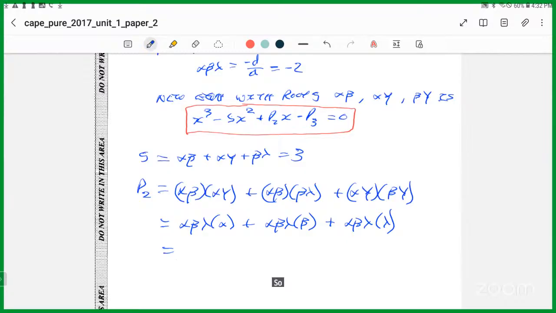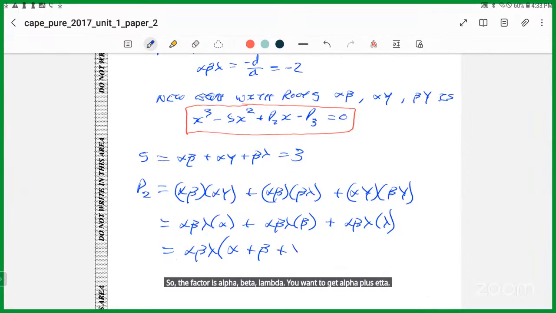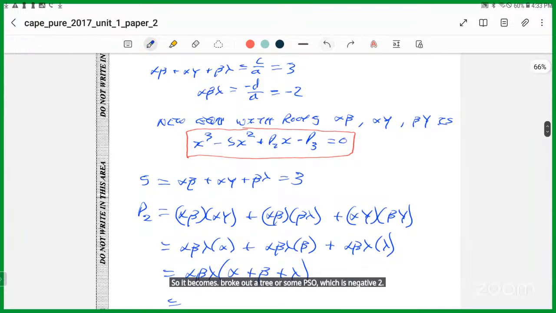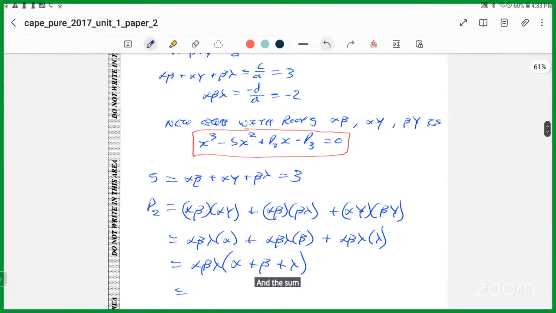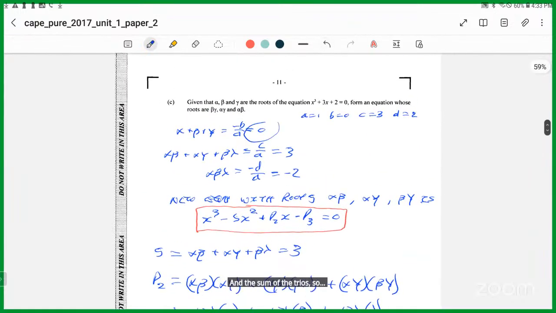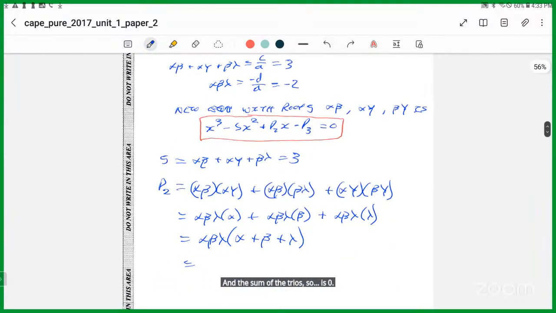So if you factorize alpha beta lambda, you're going to get alpha plus beta plus lambda. So it becomes the product of the three roots come up here, which is negative 2, and the sum of the three roots come up here, which is 0. So this becomes negative 2 times 0, which works out to be 0.